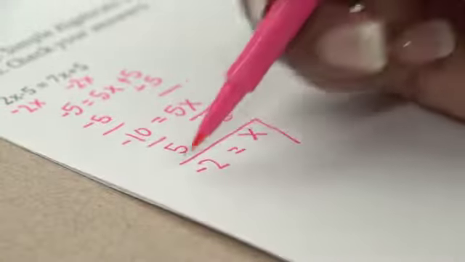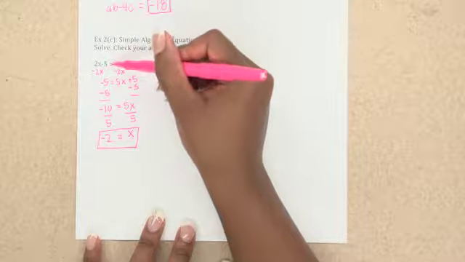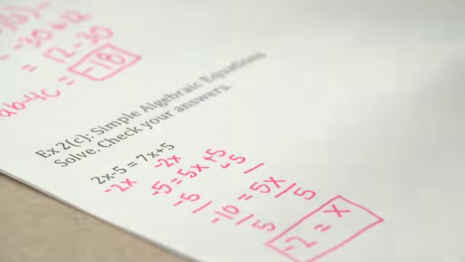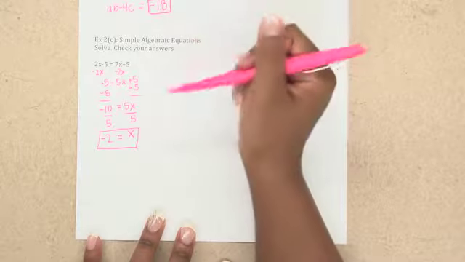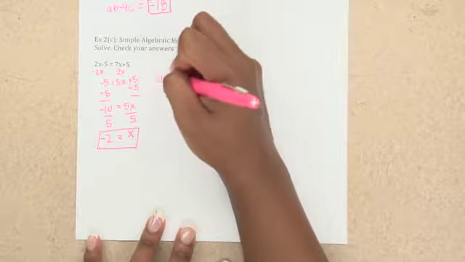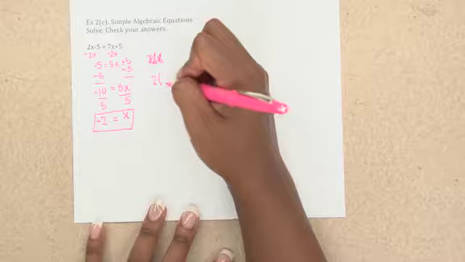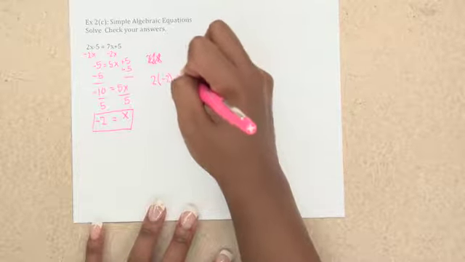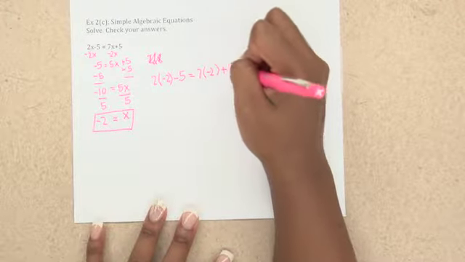So we got negative 2 is equal to x, but we want to double check to make sure that this is the correct answer. If this is correct, we should be able to plug in that negative 2 into our original equation, and we should get some number is equal to that same number. So if we plug in negative 2 for x, just like what we did in the first example, we're going to have 2 times x, which is negative 2, minus 5 should be equal to 7 times x, which is negative 2, plus 5.